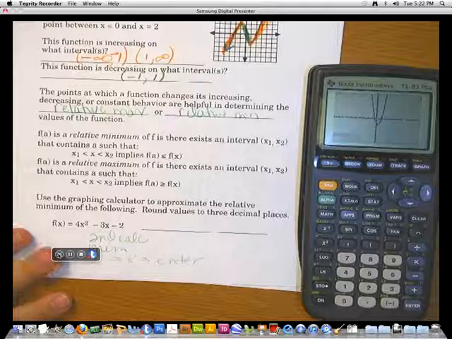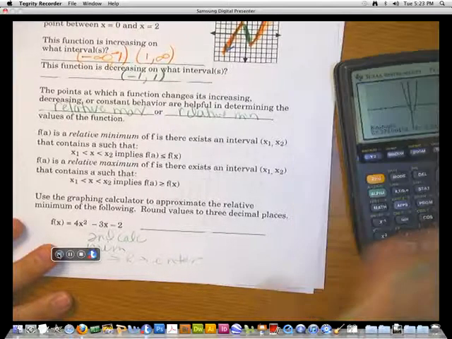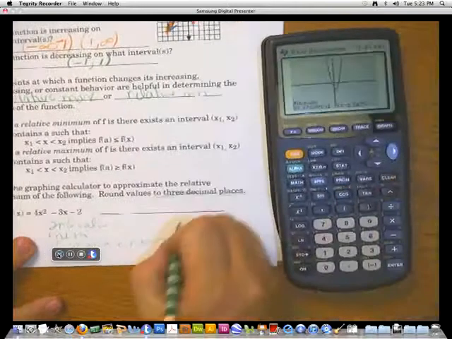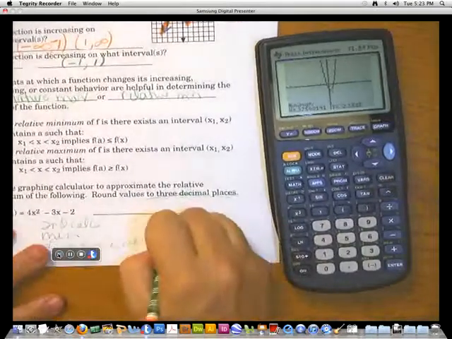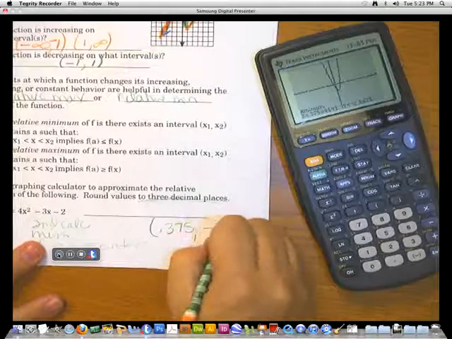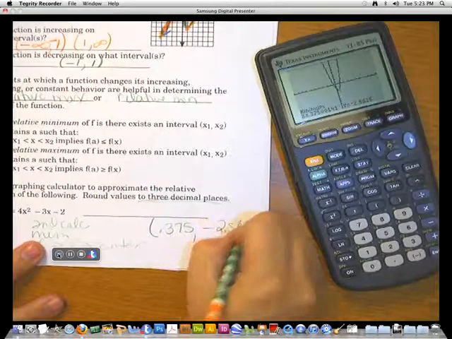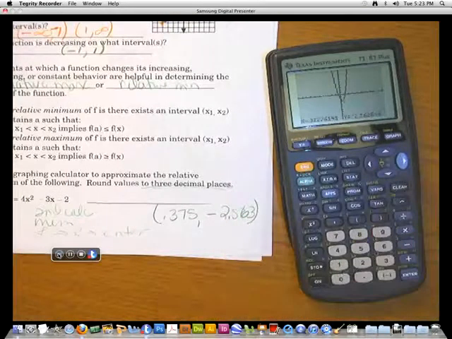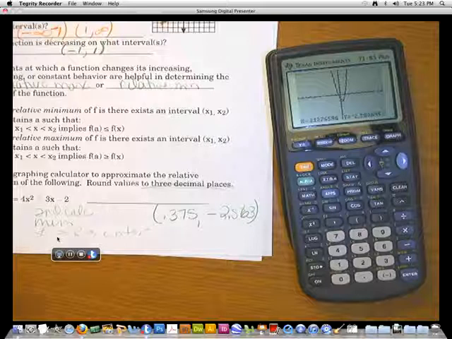We've done these several times by now. And now it says round 3 decimal places. So when I look at this, the relative minimum is at 0.375, negative 2563. So just follow directions, use your calculator, and go from there.